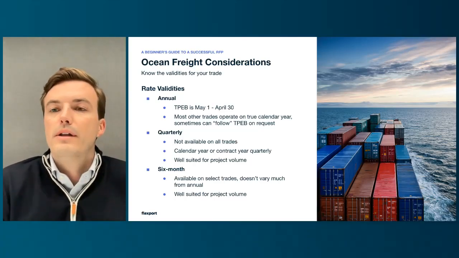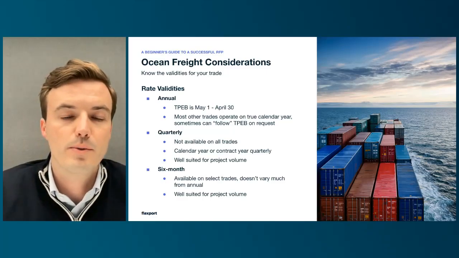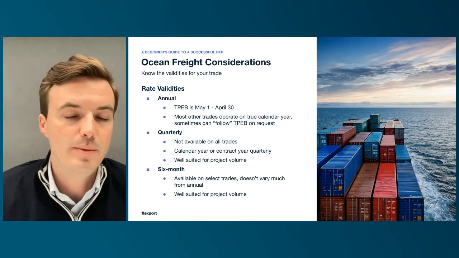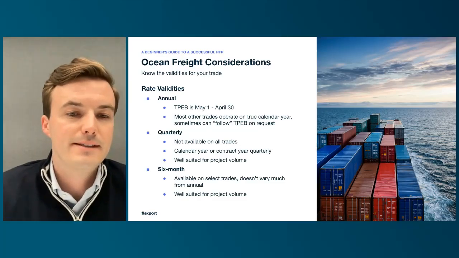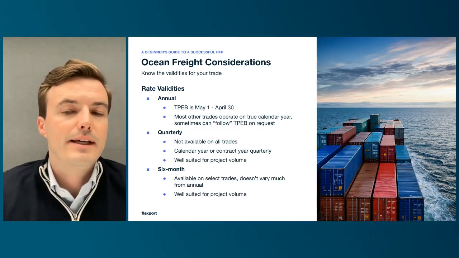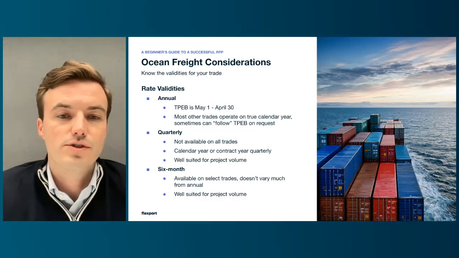Okay, so looking at rate validities, there's three main validities. I'm really going to focus mainly on annual because that is by far the most common. Quarterly and 6-month rates are available in the market at times, and they're not always available on all trades.